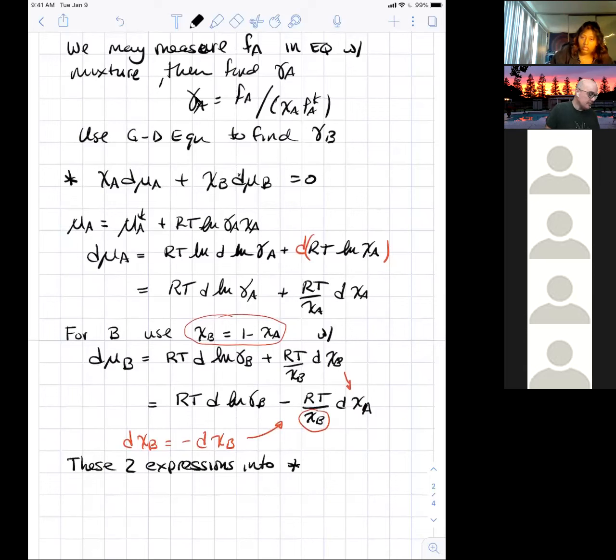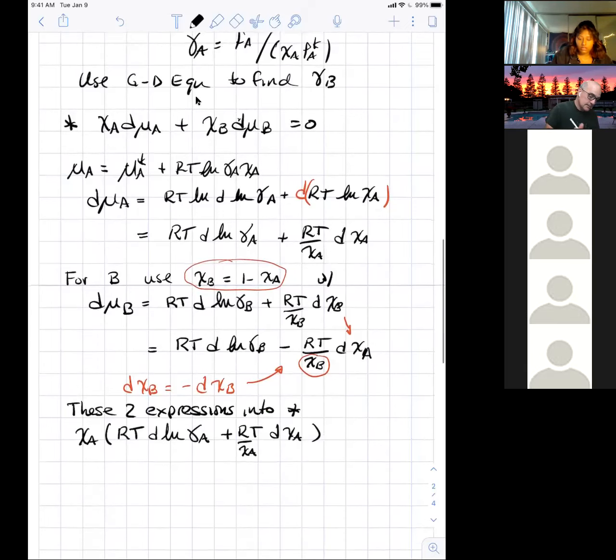And if I put these two expressions into my Gibbs-Duhem equation, I get this. And this all equals 0.